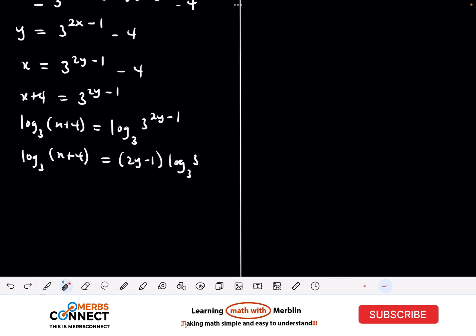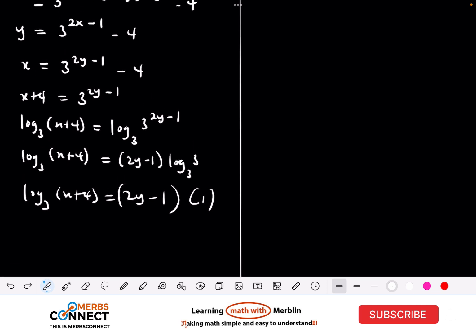So you see the reason why we took the base 3, so that now this can be 1, right? Log of 3 base 3 is 1. So this is going to give us log base 3 of x plus 4 equal to 2y minus 1, all times 1, because that one is equal to 1.